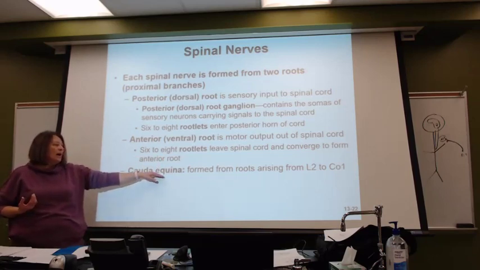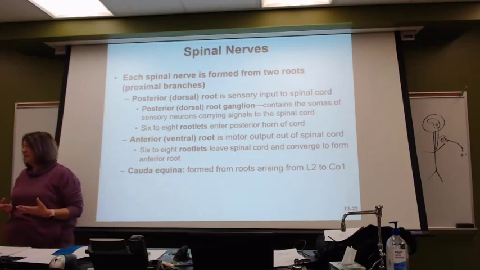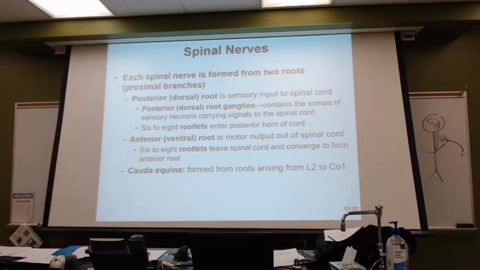That cauda equina, we do see, if any of you took a peek at this last week, the cauda equina that exists serving the lower portion of the body and the lower legs, okay, requires hefty nerves. Those nerves are huge, those nerves are long, and those nerves are numerous.